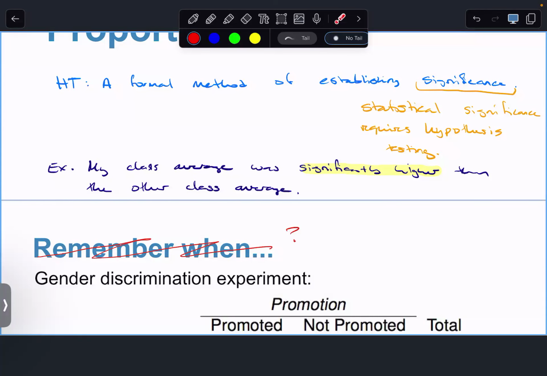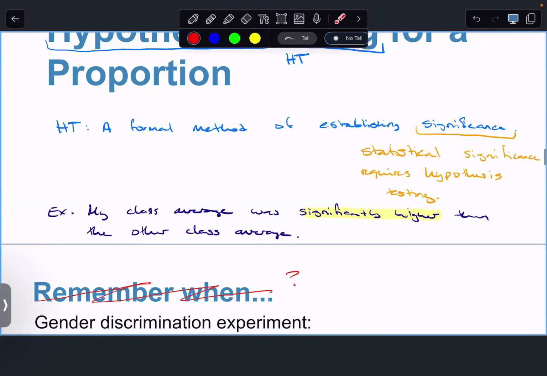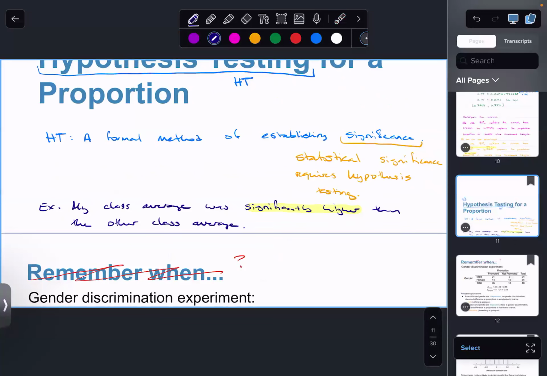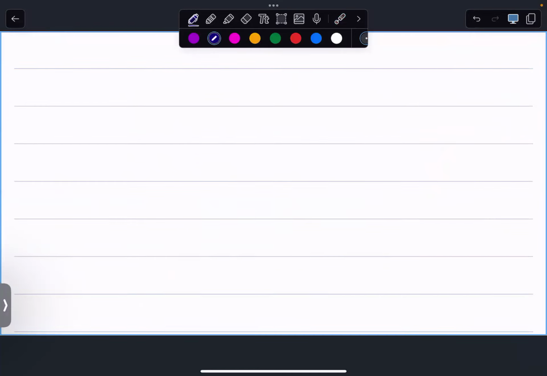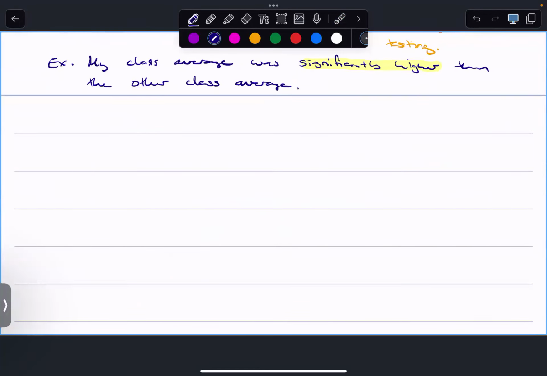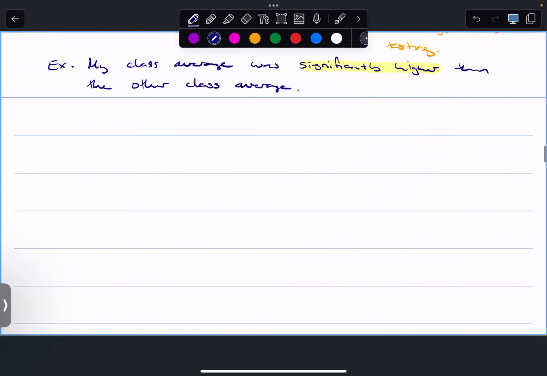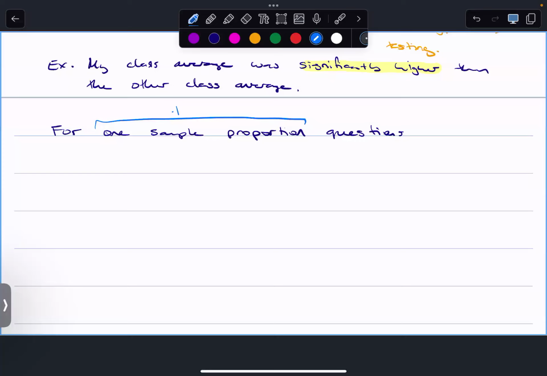For now, for one sample proportion, and you know what? I am going to add a page. Got a lot to say. For one sample proportion questions, remember I classify all of these by types.